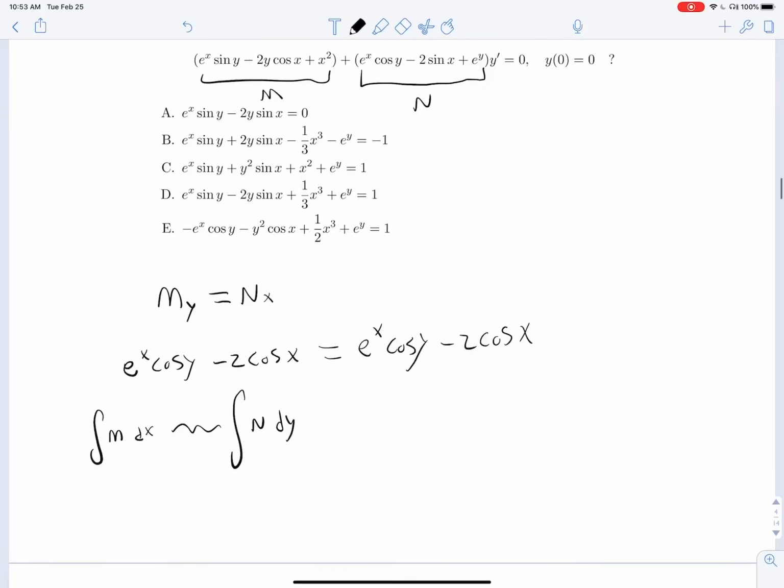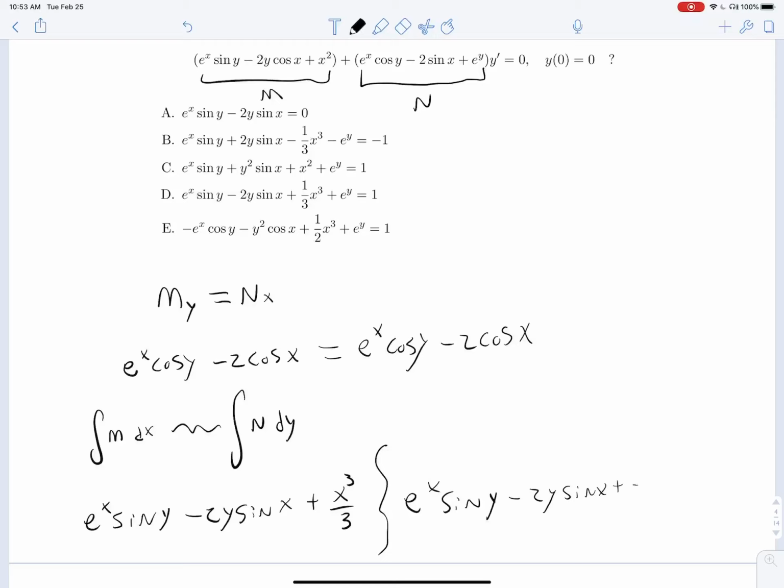So the integral of M dx is e to the x sine y minus 2y sine x plus x cubed over 3. And then on the other side, e to the x sine y minus 2y sine x plus e to the y.